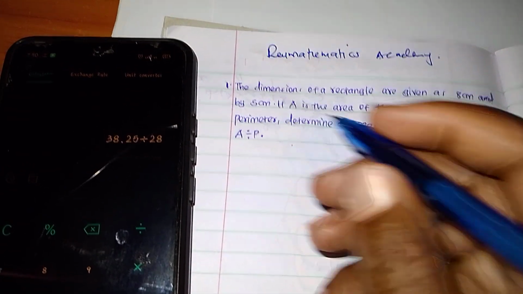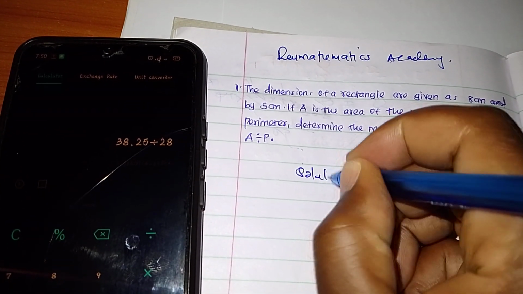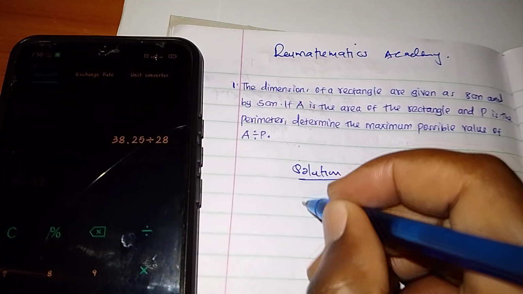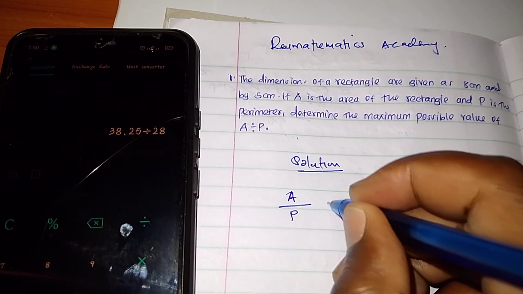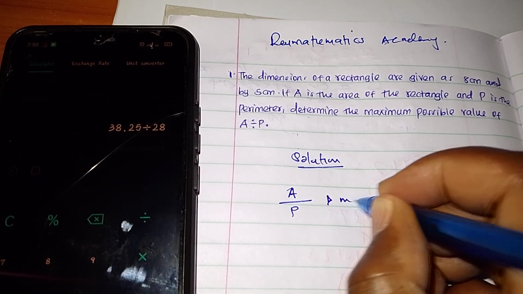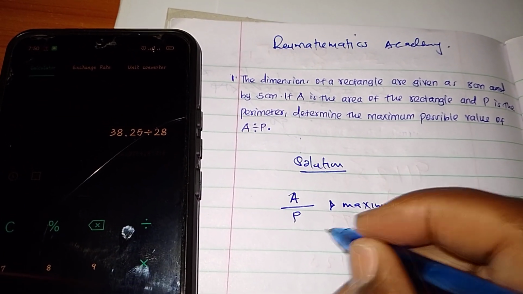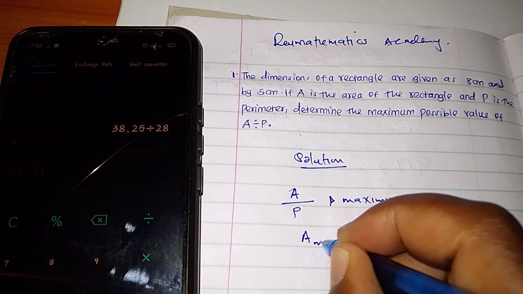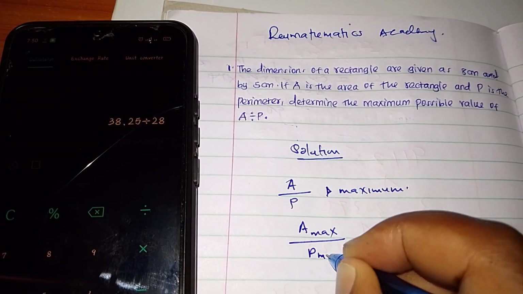Okay, a couple of things here to remind ourselves. If you want, for example, A over P to be maximum, you ensure that A is maximum and P is minimum.